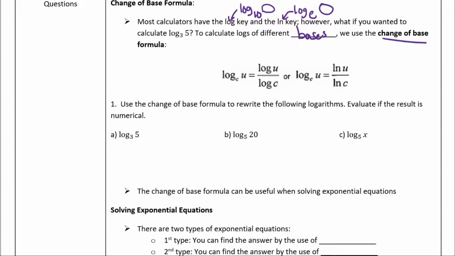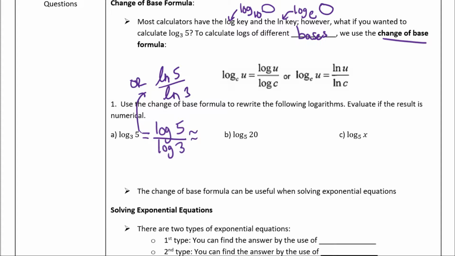So if you wanted to do log base 3 of 5, well, you can either do the common log of the big number, 5, over the common log of the base, or this also equals the ln of 5 over ln of 3, and they will give you the exact same number.